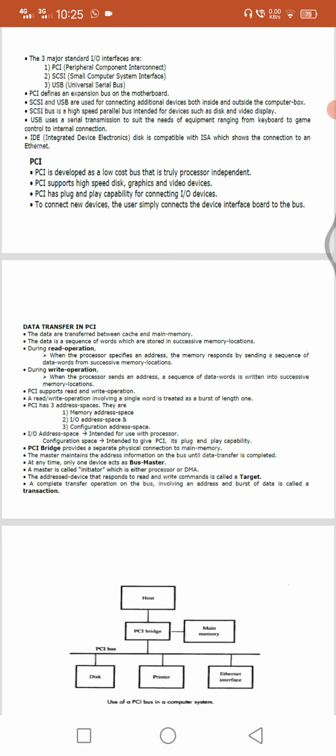A master is called an initiator, which is either a processor or a DMA. We have different types of data transfers, possible with the help of the processor and with the help of DMA. The difference is that with DMA we transfer data very fast. The addressed device that responds to read and write commands is called a target.